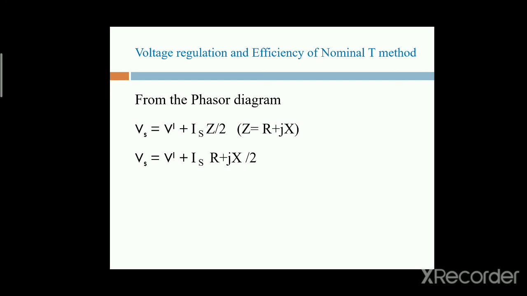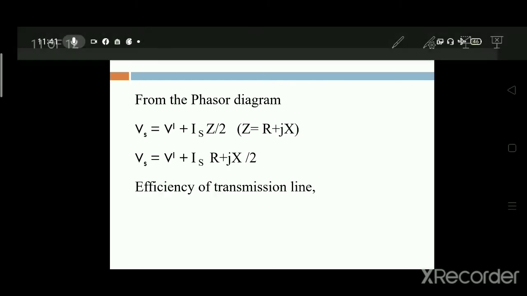From the phasor diagram, Vs is equal to V dash plus Is into Z by 2, where Z is equal to R plus jX. Substitute this Z value in this equation.